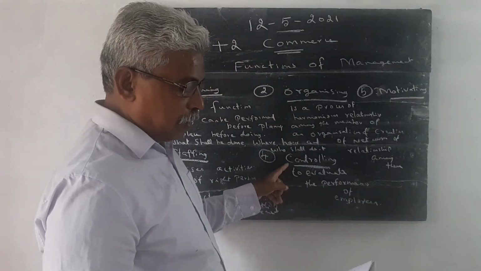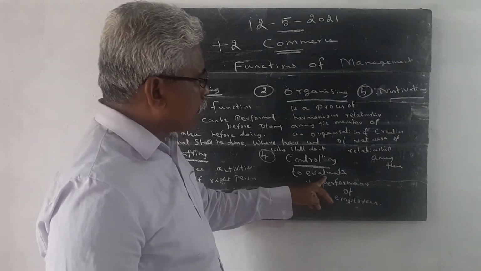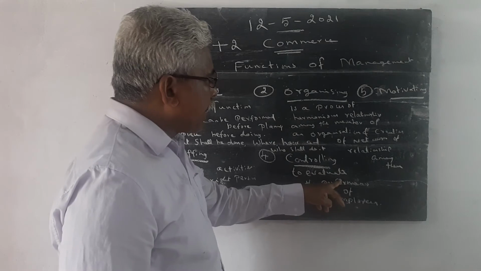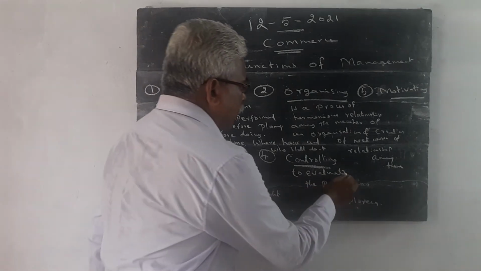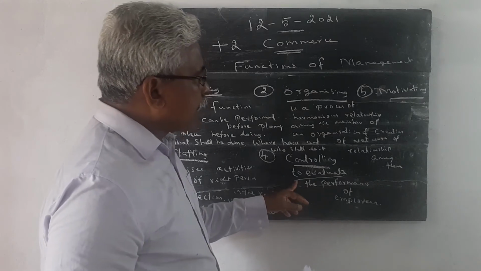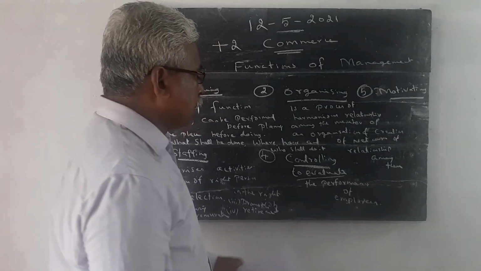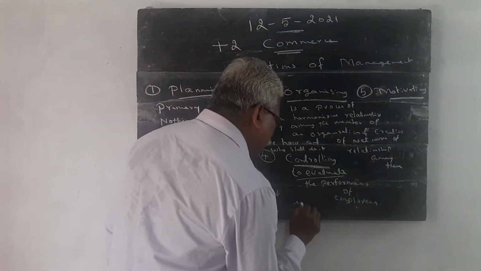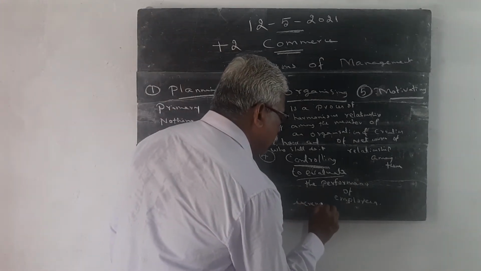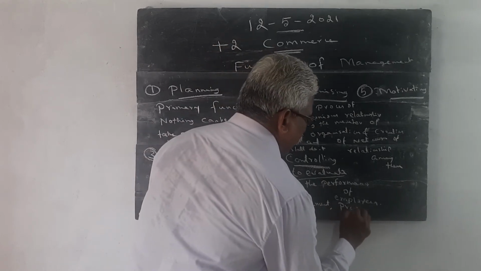Controlling means to evaluate. You underline the word evaluate. Controlling means to evaluate the performance of employees and deciding increment and promotion decision.